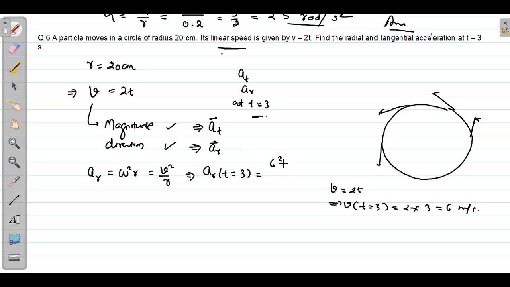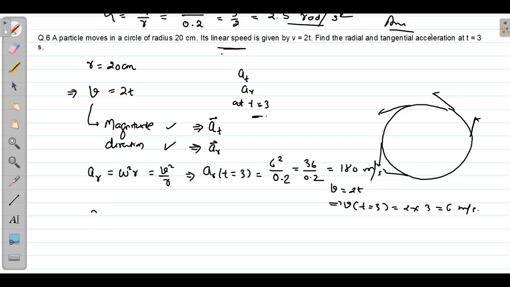So it is 6 squared over r. And what is r? r is 20 centimeter, that means 0.2. It is equal to 36 by 0.2. It means 180 meter per second square. This is the magnitude of the radial acceleration. The direction of this radial acceleration is towards the center, opposite to the radius vector.